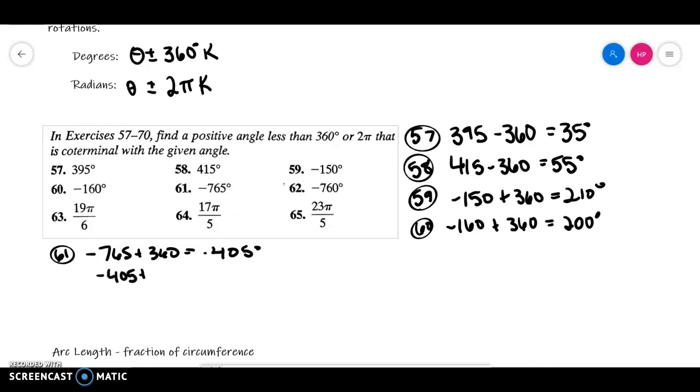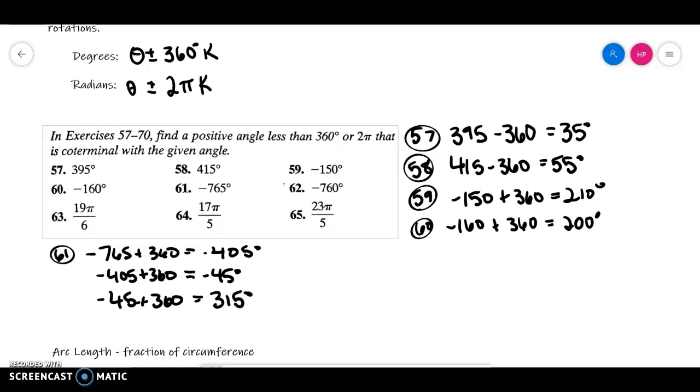So I need another 405 plus 360. Still not good enough. That only gets me to negative 45 degrees. So this will be my last step. When I take 45 and add 360, that should get me to where I need to go, which is 315 degrees.